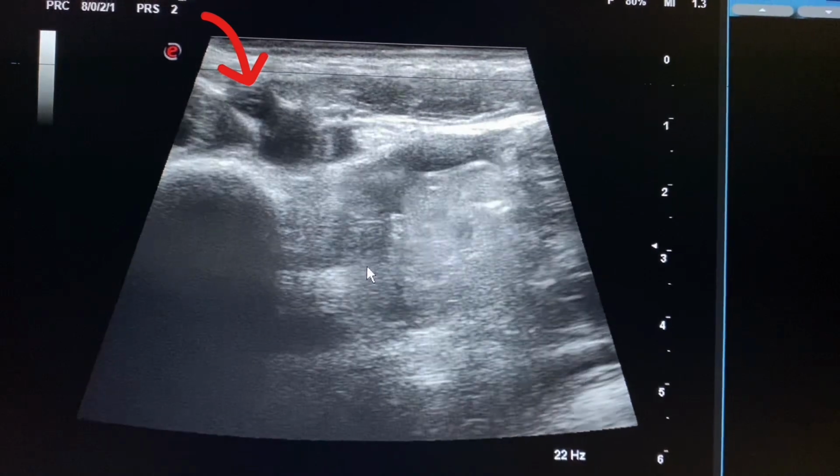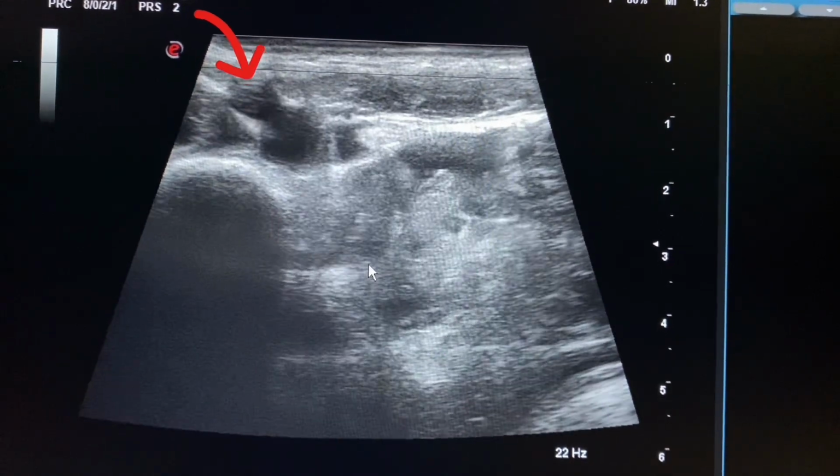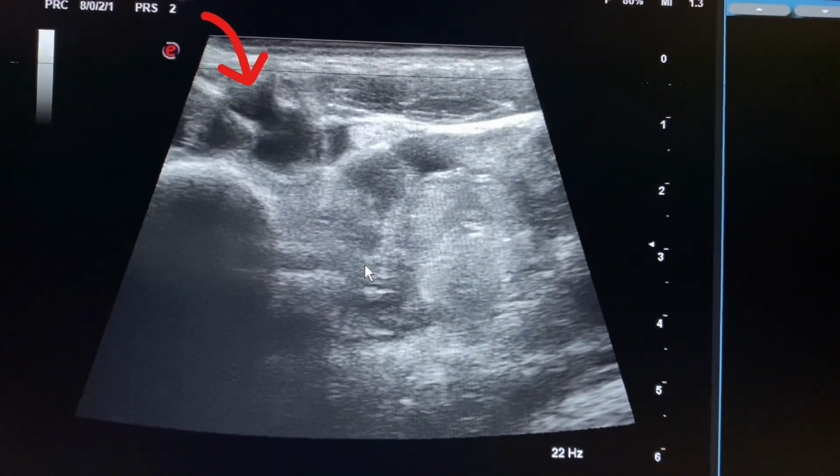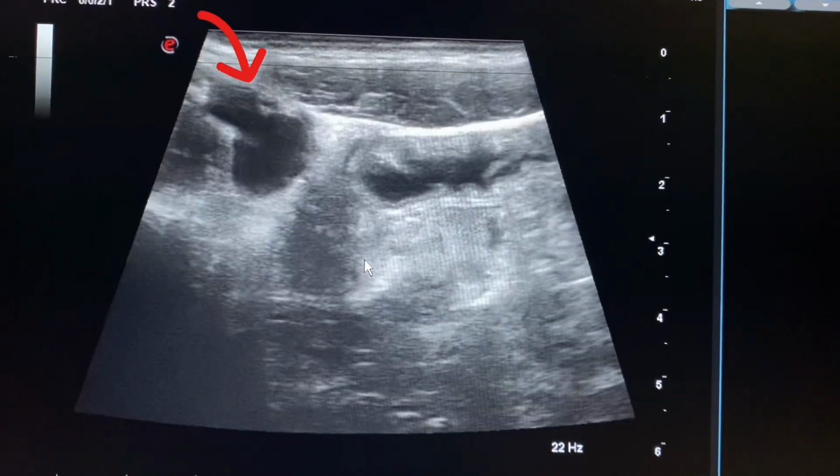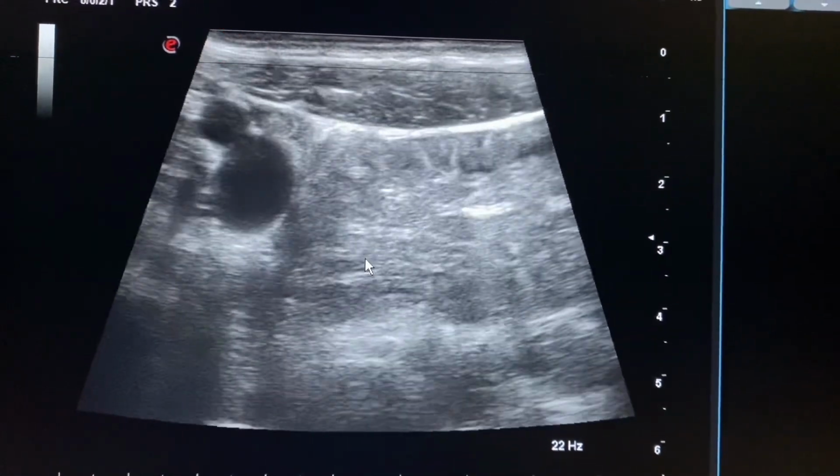Here also we see the blood vessel. These are common femoral vein and artery.